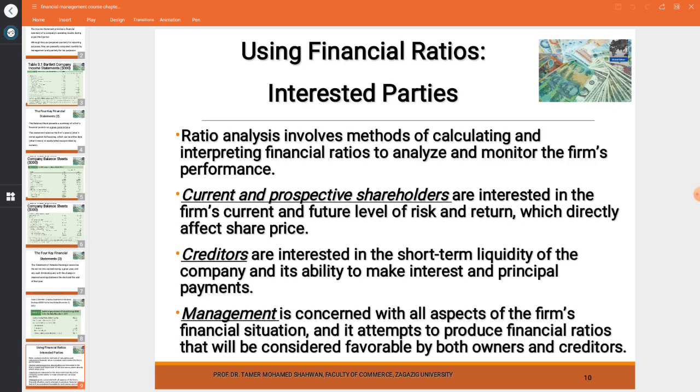Also, number 3, if you are creditors, actually you are interested in the short-term liquidity of the company and you would like to ensure whether this firm is able to make its interest and principal payments.